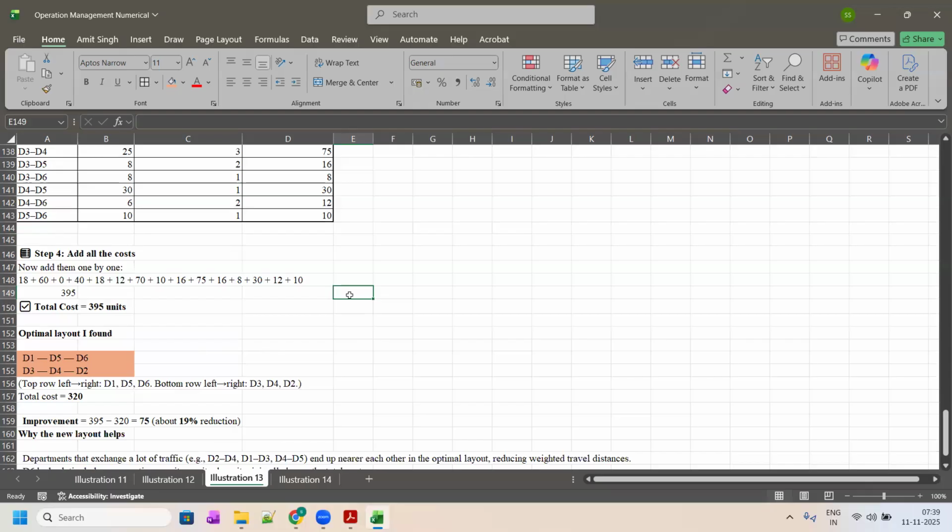There's no other way to find the optimal layout. Once you get the layout, how you get the cost, that I can tell you. Otherwise, for getting the optimal layout as such, there is no formula.